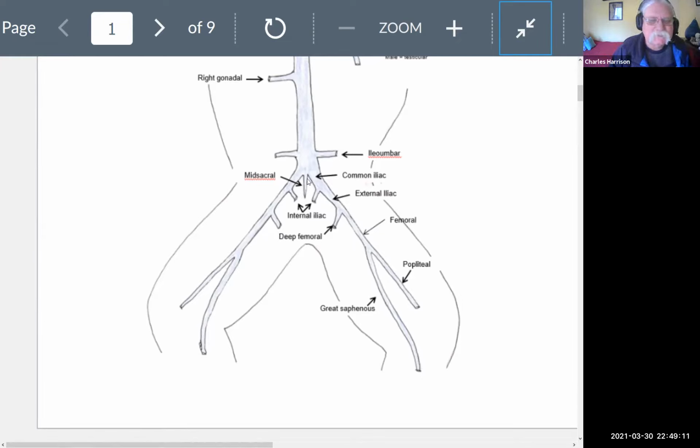Okay, here's the mid-sacral. Now we're going to go out towards the left in this case and right over here. Okay. Come around and find the deep femoral. Deep femoral. I want you to imagine that you have a cake mixing bowl. Okay, a mixing bowl. Okay, and set it in here.